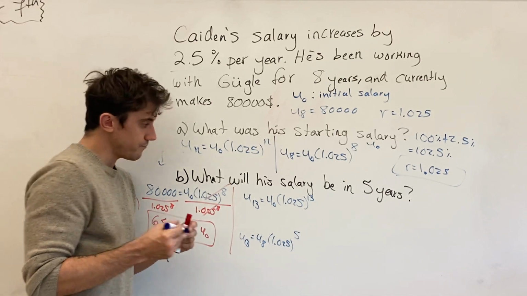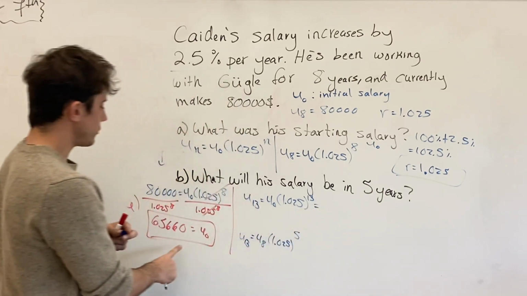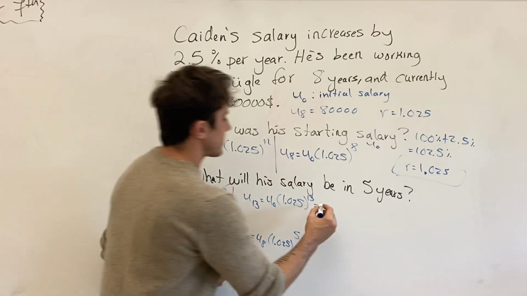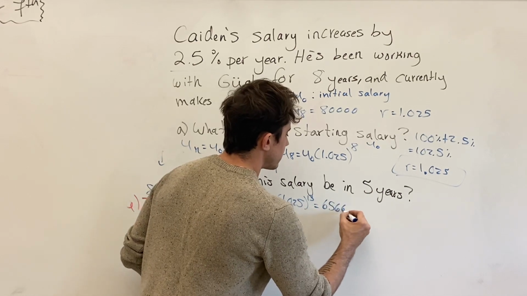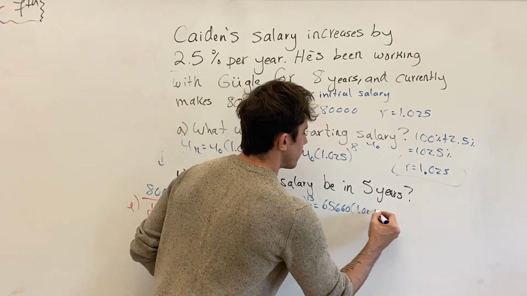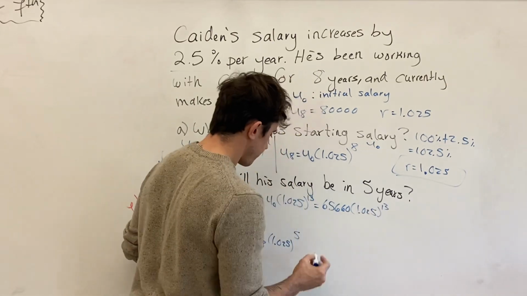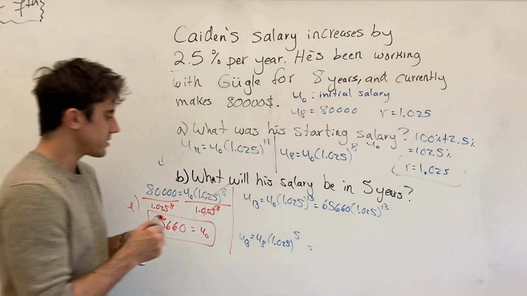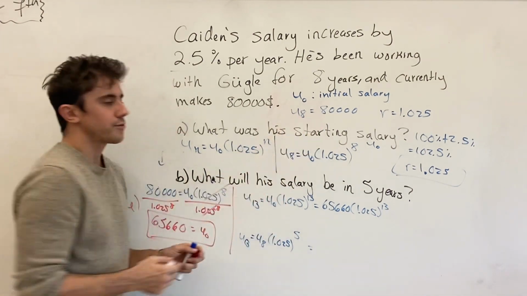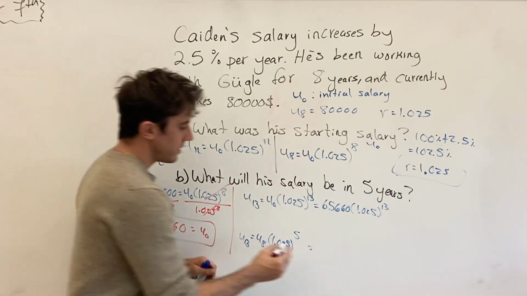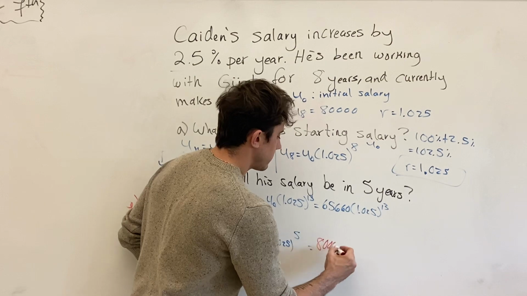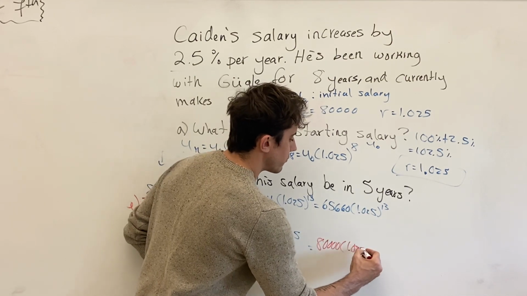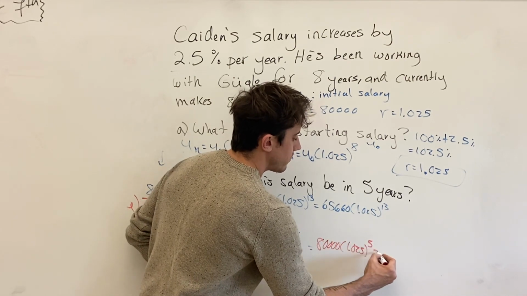We can go ahead and check that. Since we found U0 in part A, we can write this as 65,660 times 1.025 to the power of 13. And the other way, U8 is 80,000, times 1.025 to the power of 5.